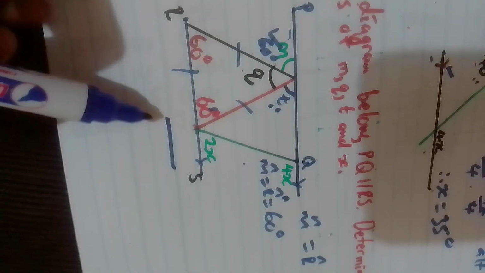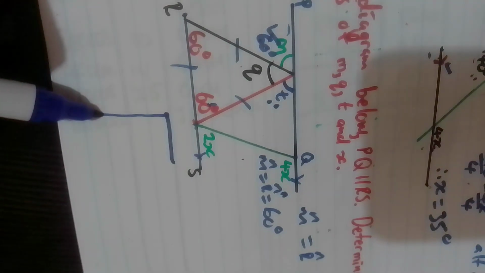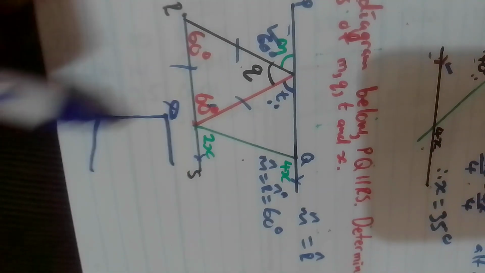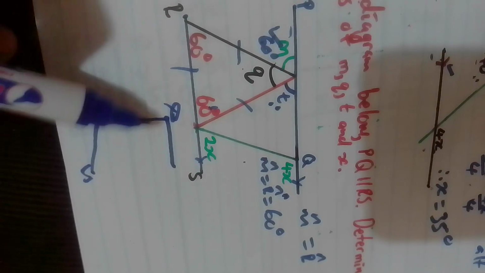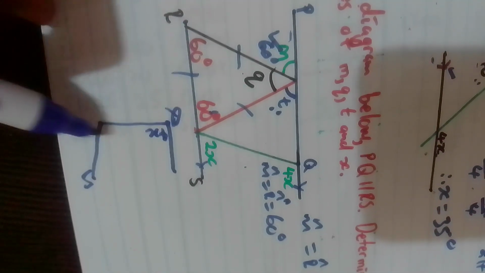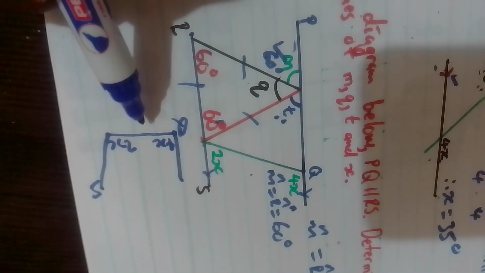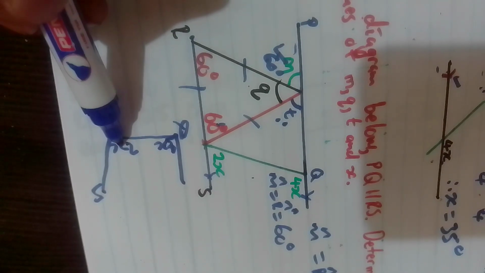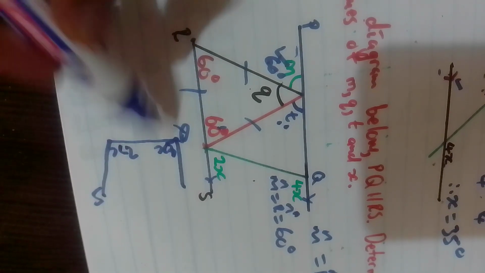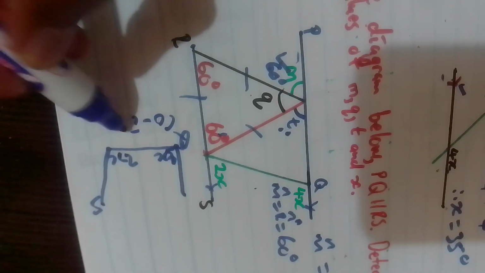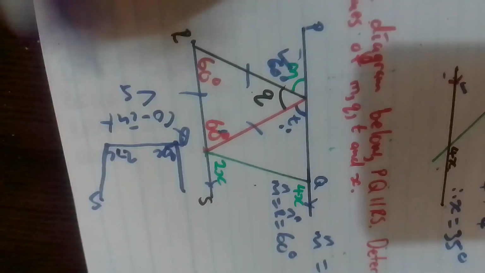If I draw like this, and I draw like that, and I draw like that, this is where the Q is, that is where the S is. Here it's written 4x, and there it's written 2x. We are saying that when you add up these two angles, they add up to 180 degrees. Why? The reason is we've got co-interior angles.